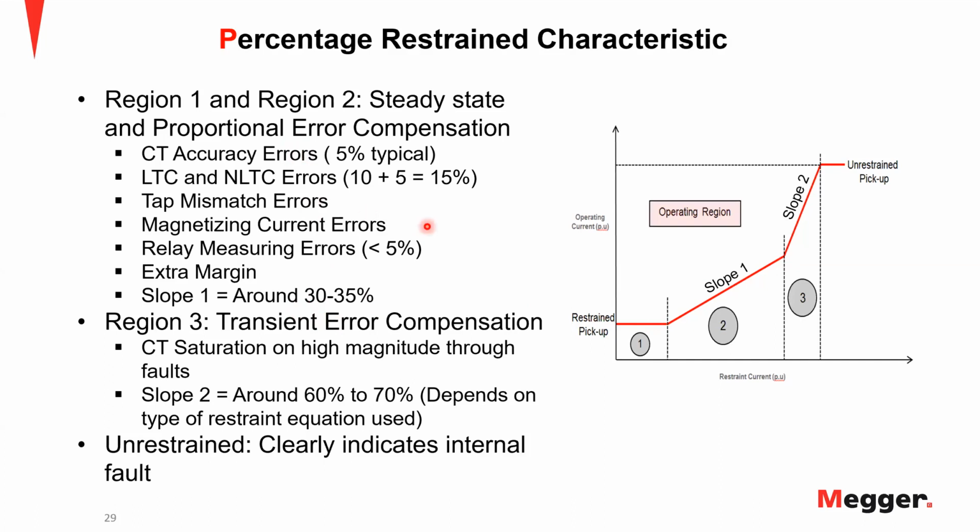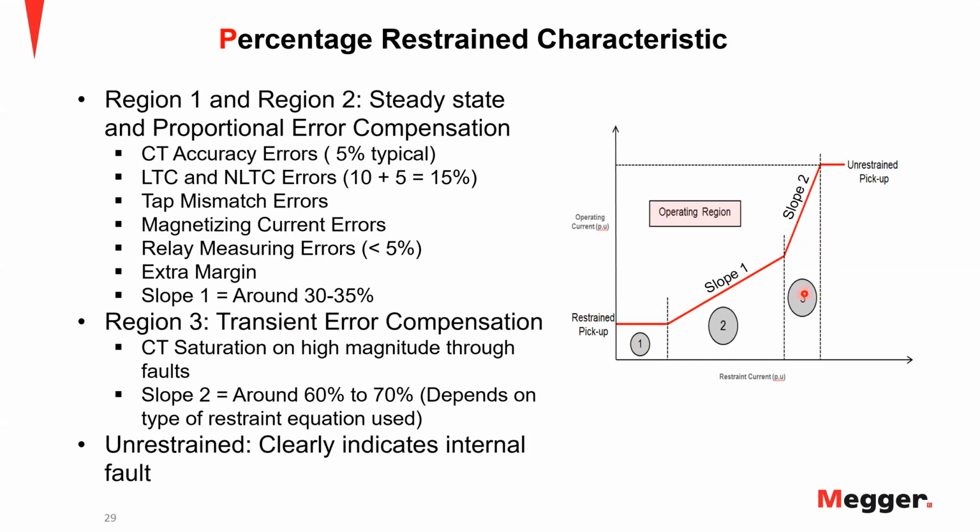But the CT saturation that we discussed in the last slide is transient in nature, right? It's a transient error, and it is giving us a false differential current. So for that, we are utilizing the slope 2, which is having a higher setting of around 60 to 70%. Remember that the plot on this particular characteristic is decided by the currents that we are reading from the CTs.